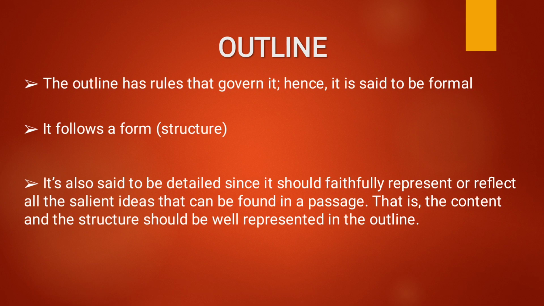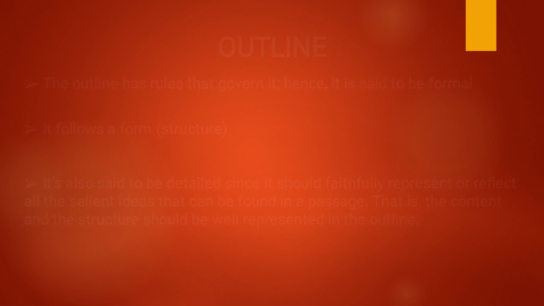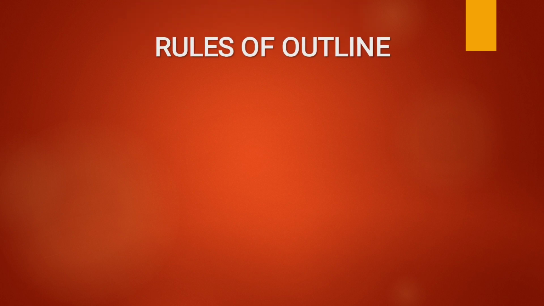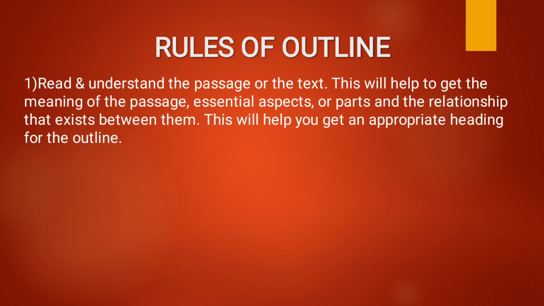As a result of this, let us look at some of the rules of outline, because it is formal, so it follows some strict rules. Rule number 1: read and understand the passage or the text.